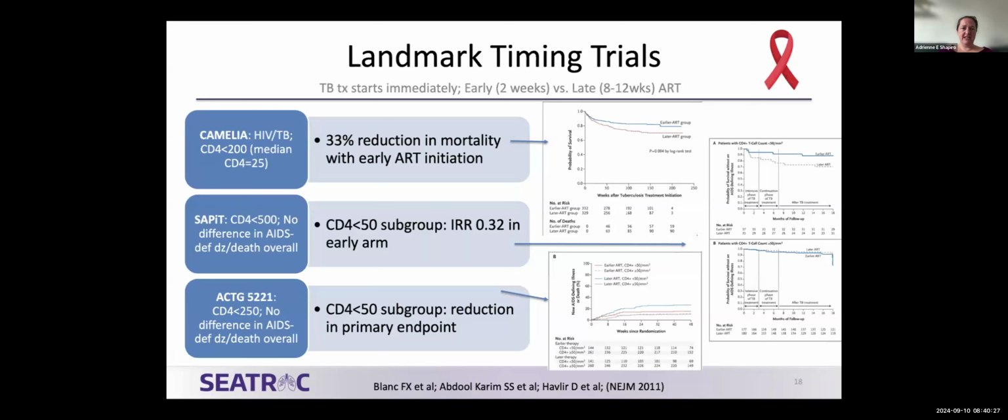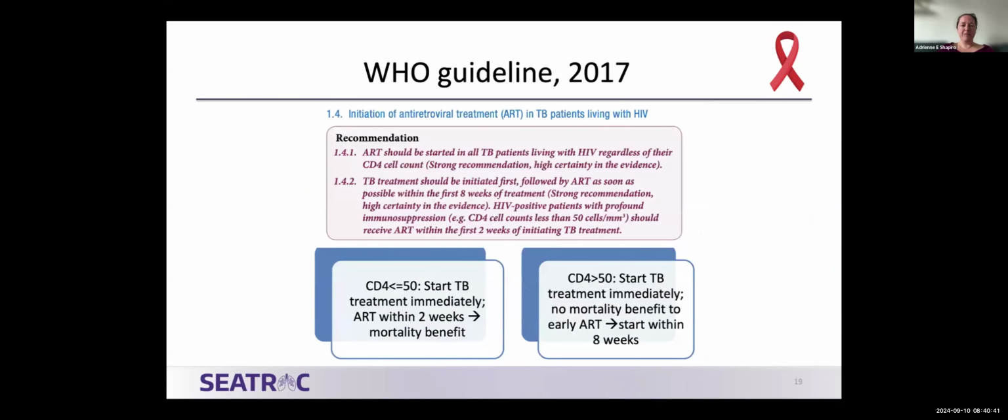And all 3 studies in different settings found a benefit in starting ART early. So even though there may have been some increased IRIS, the mortality benefit was high and highest in people with the lowest CD4 counts. So because of that, WHO issued a guideline saying we should start TB treatment immediately for everyone, and ART within 2 weeks for people with a CD4 less than 50.